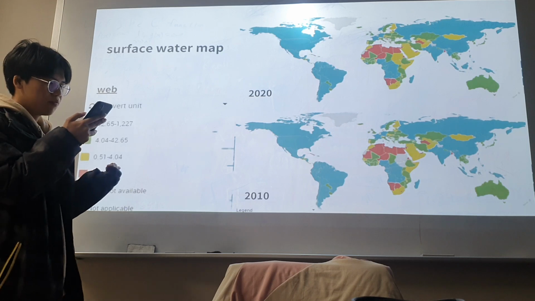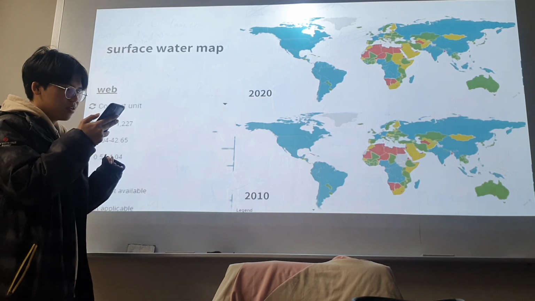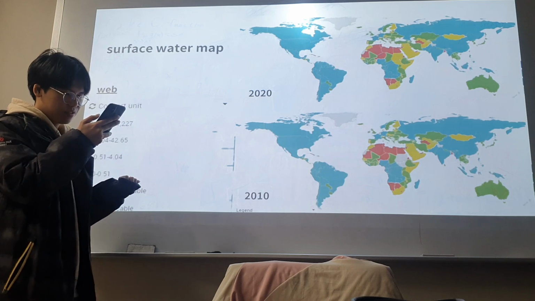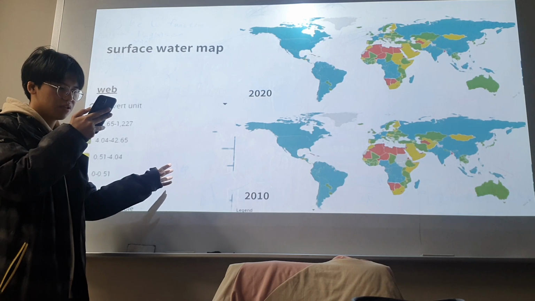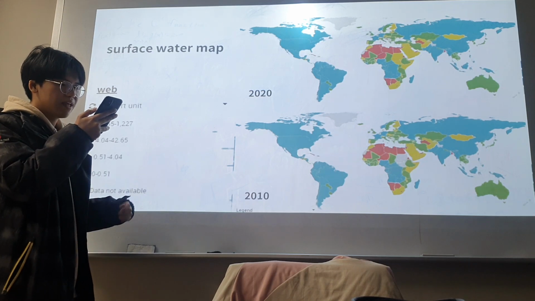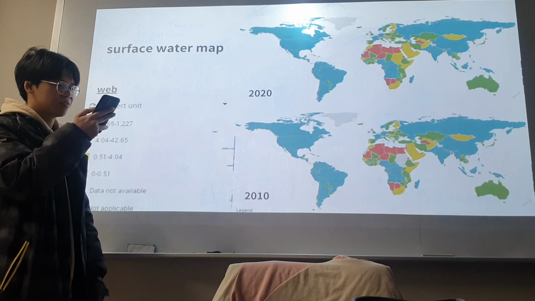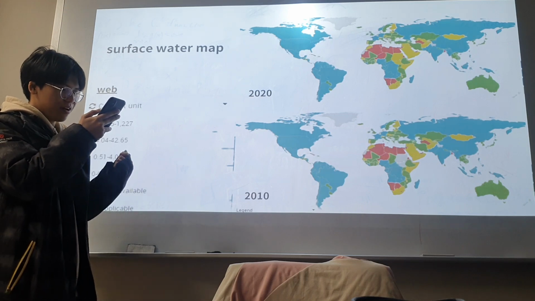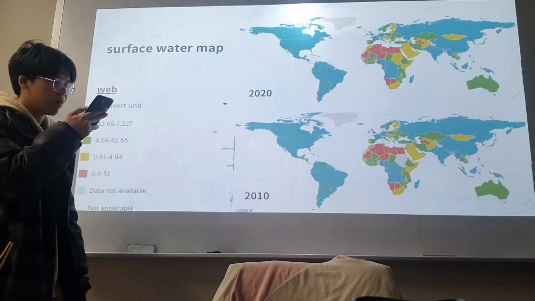From the above, we can infer that surface water is directly influenced by factors such as topography and latitude. Thus, these elements are crucial contributors to the dynamics of water resources.